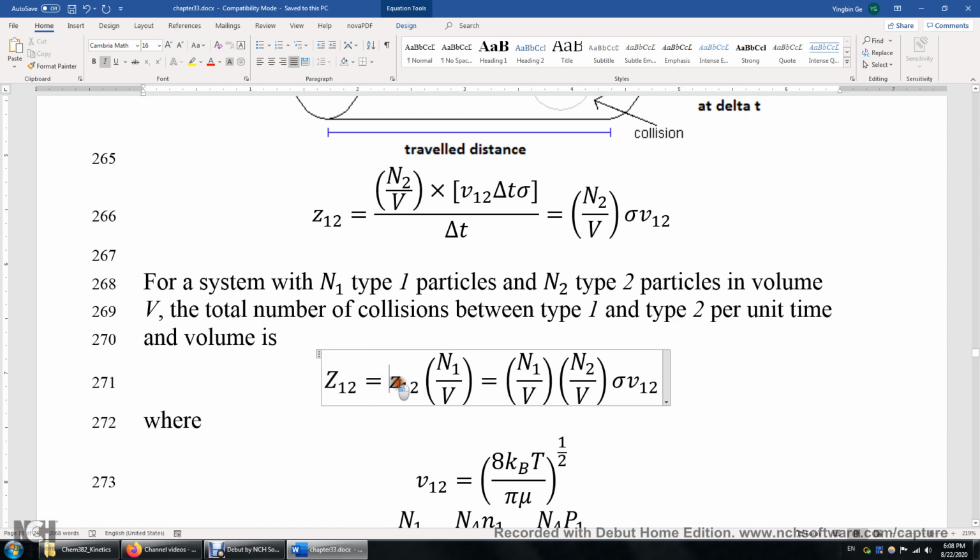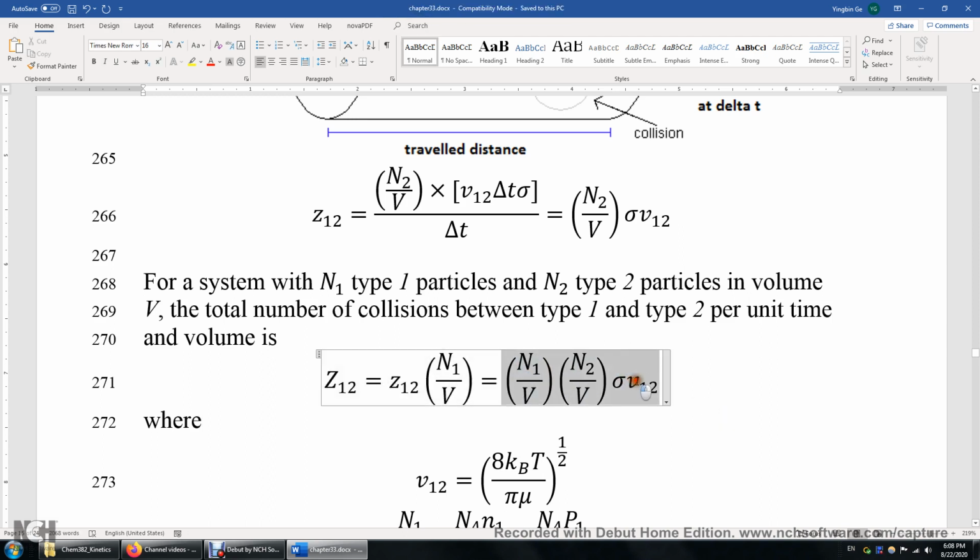And then we have this lowercase Z12 times N1. That's the total number of collisions per unit time, and then divided by V. Now we get this formula as the total number of collisions between all type 1 and all type 2 per unit time per unit volume.